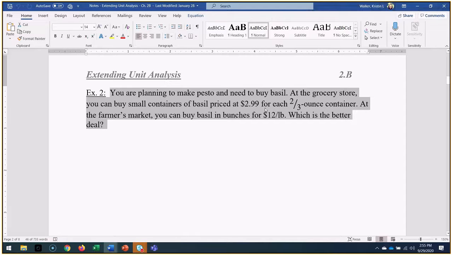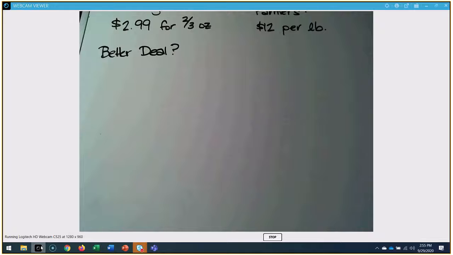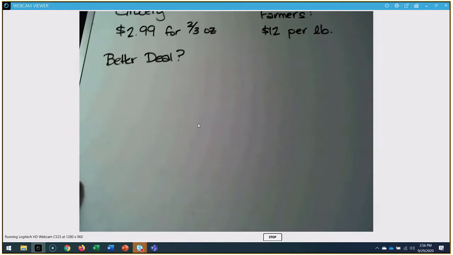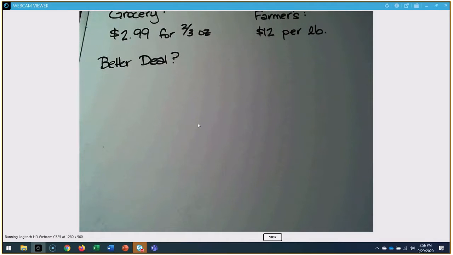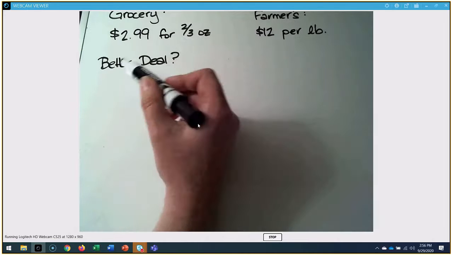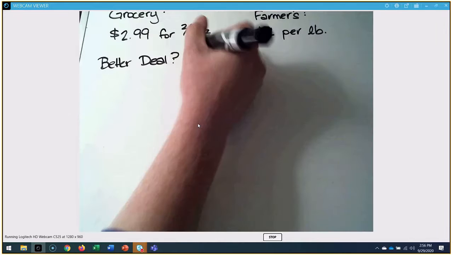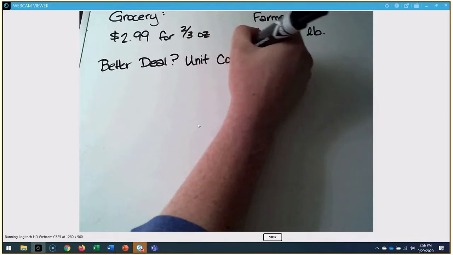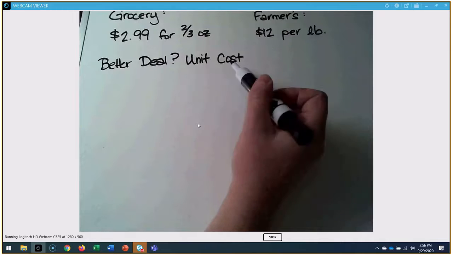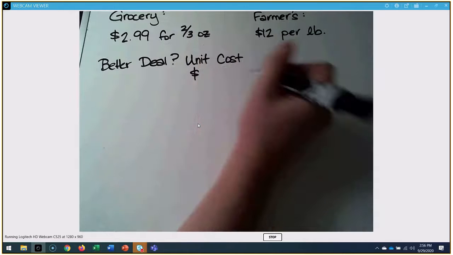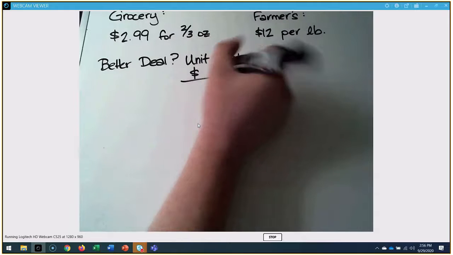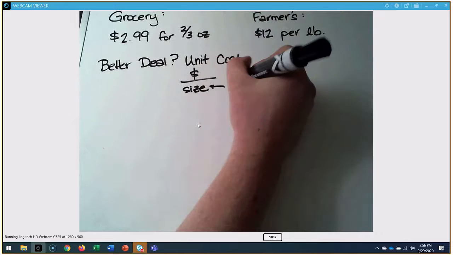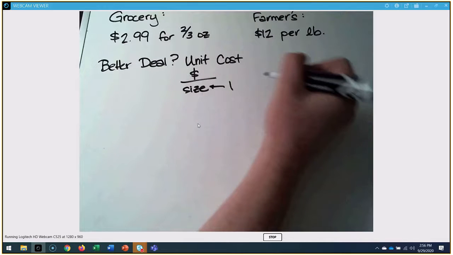Okay, we've got quite a few that are very similar to this on your homework. So let's take a look. Strategy is going to essentially be the same. So a couple things I need to point out. If they are asking for the better deal, they want unit prices or unit cost. A unit cost is when you have the price divided by the size, and this has a unit of 1.